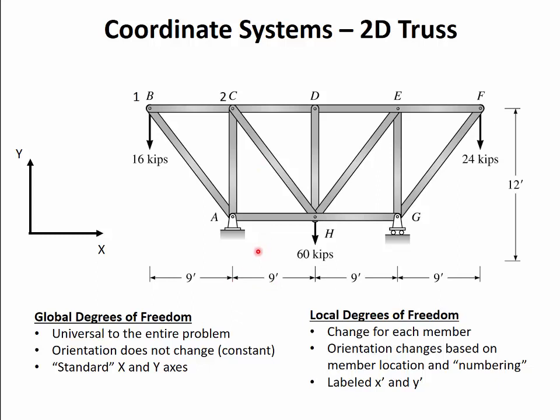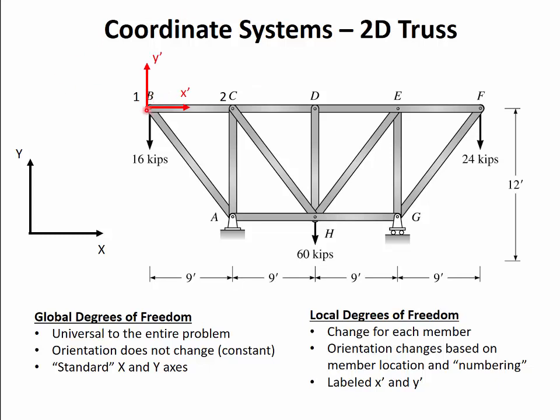So if we just kind of look at an example of that, if I start by looking at BC, and I labeled it 1 and 2, I'm going to label all these 1 and 2. B is node 1, C is node 2. So I started at B and then I'm going to C. So if I'm starting at B and I'm going to C, your x-axis starts at B and it goes towards C. Using the right-hand rule, y goes positive upwards from B then.